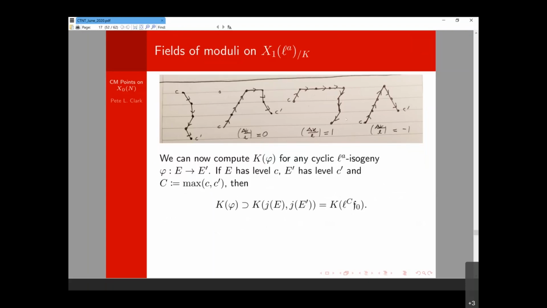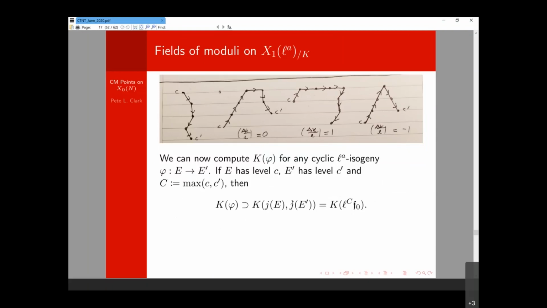So using this information, we can already compute the field of moduli over K, so that's always easier. So again, just suppose that the source elliptic curve has level C, so the power of L conductor C, the target elliptic curve has level C prime, and let's let capital C be the larger of the two.